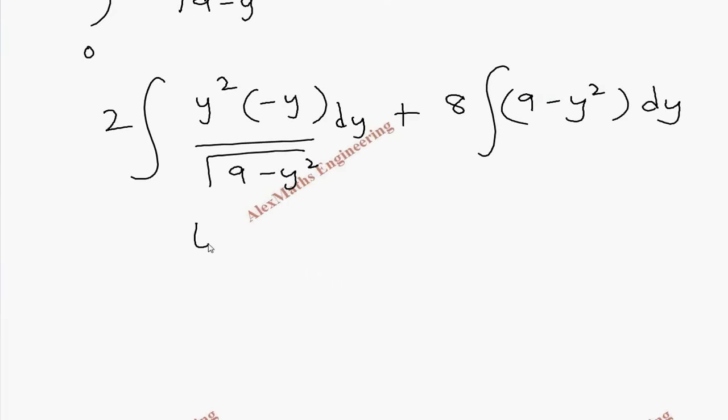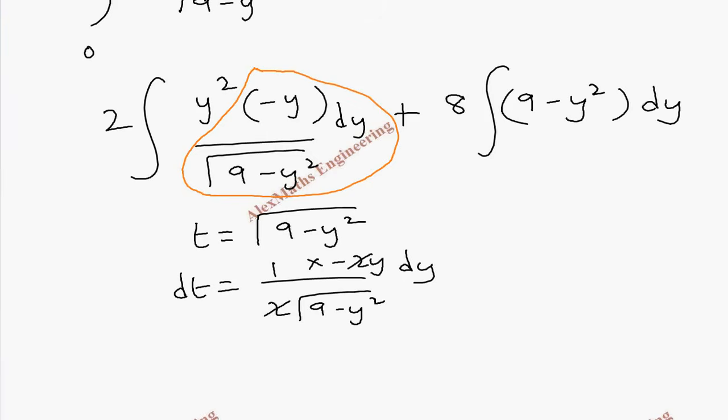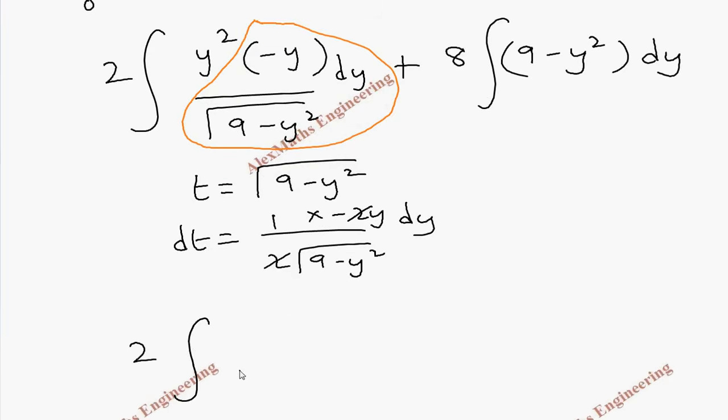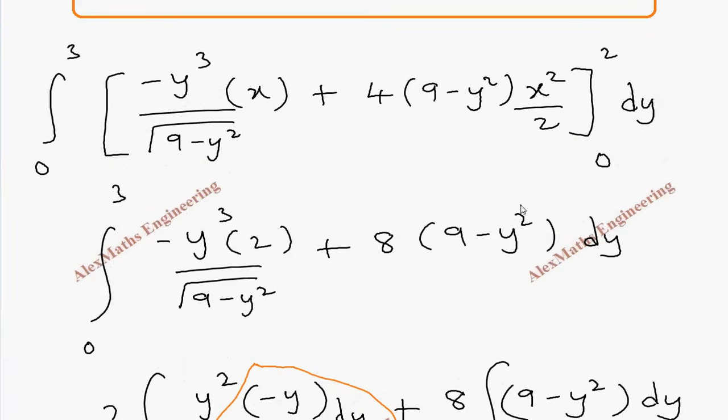Now in the first part, we are going to take substitution t, which is root of 9 minus y square. From this, dt is 1 by 2 root 9 minus y square into minus 2y dy. We can cancel 2 and 2. Now we find this entire term is dt. So we can say this is 2 integral, this is dt, and the original limit is 0 to 3.